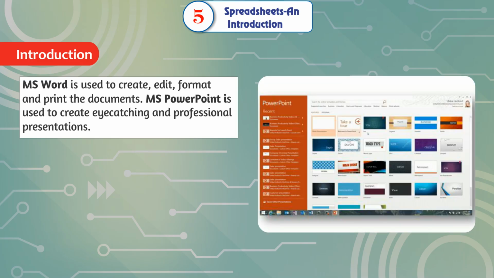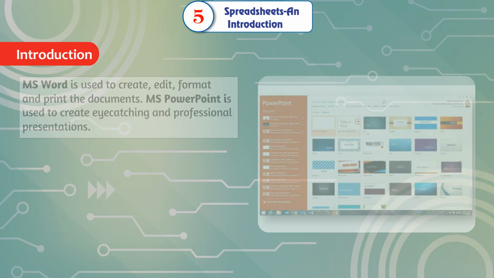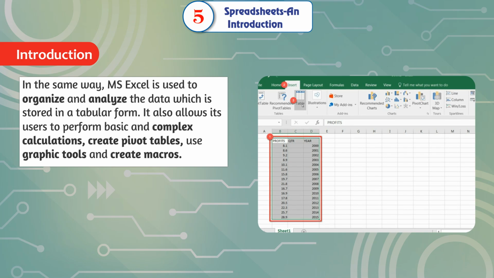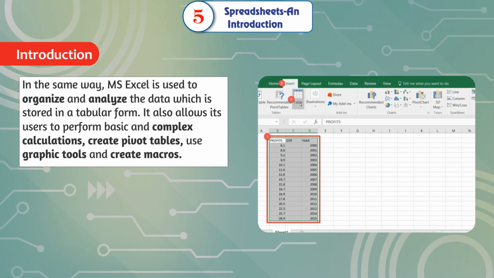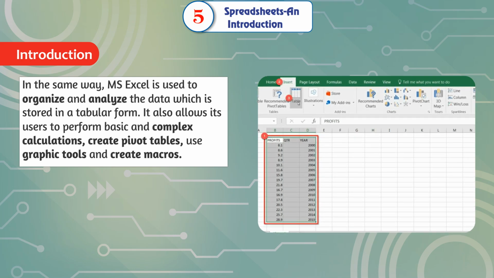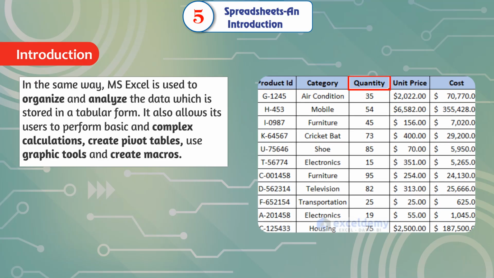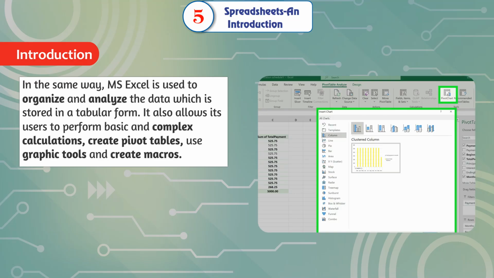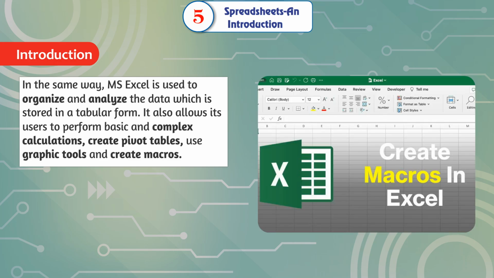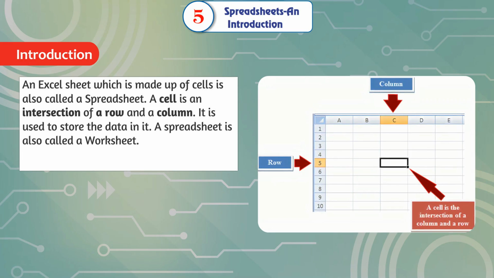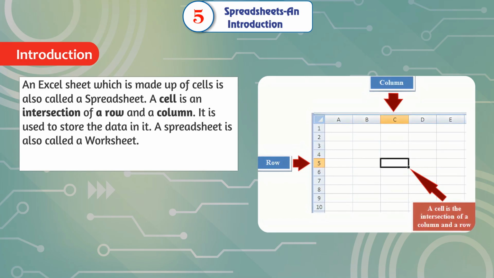MS PowerPoint is used to create eye-catching and professional presentations. In the same way, MS Excel is used to organize and analyze the data which is stored in a tabular form. It also allows its users to perform basic and complex calculations, create pivot tables, use graphic tools, and create macros. An Excel sheet, which is made up of cells, is also called a spreadsheet.